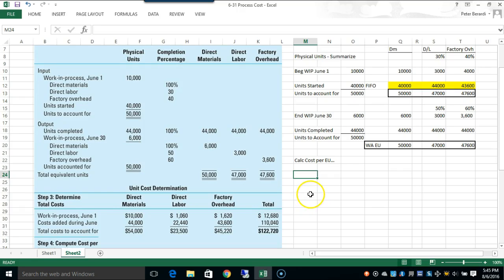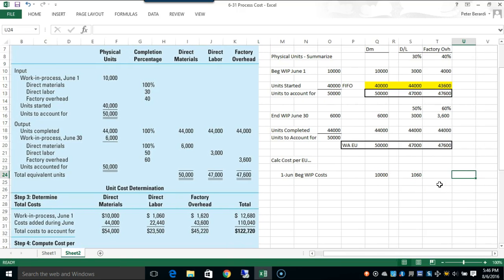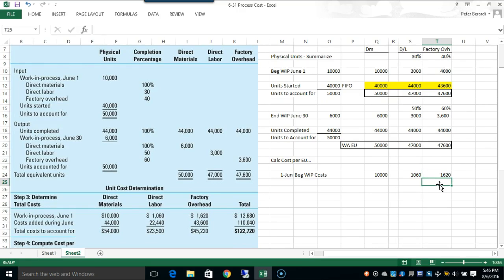So, under work in process beginning, they tell us that direct materials are 10,000, direct labor is 1,060, and factory overhead is 1,620.